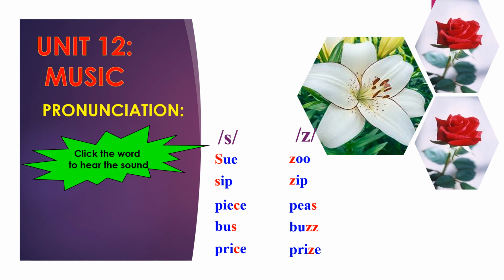Zoo, zip, peas, buzz, prize. One more. Sound Z. Zoo, zip, peas, buzz, prize. Okay, great.